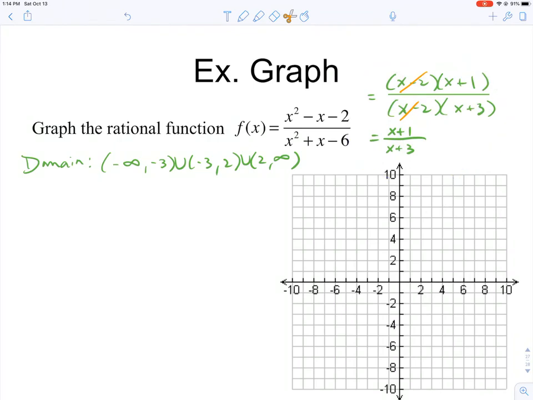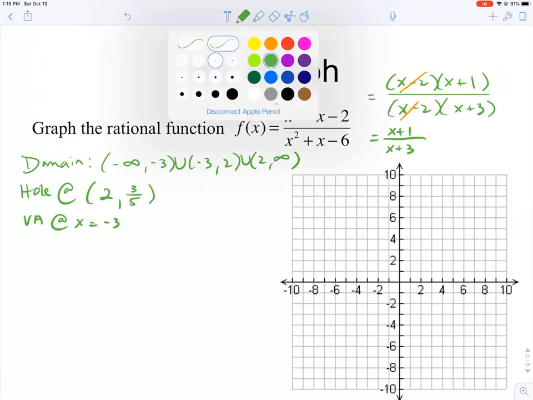Okay, so there is going to be a hole at 2, and then we can find the y value by plugging into the simplified version of the equation. So is that 3/5? Okay, and there will be a vertical asymptote at x equals -3.